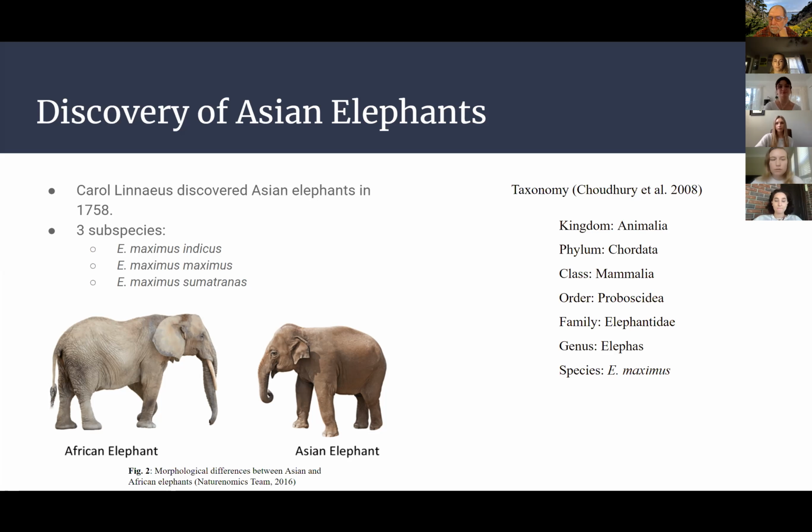These subspecies primarily differentiate due to geological separation, and they've got some minor morphological and anatomical differences, for example.